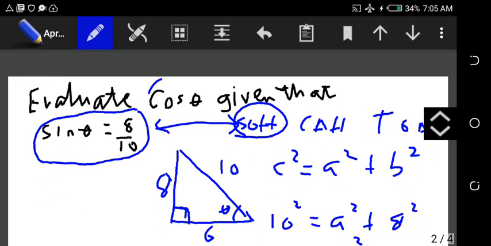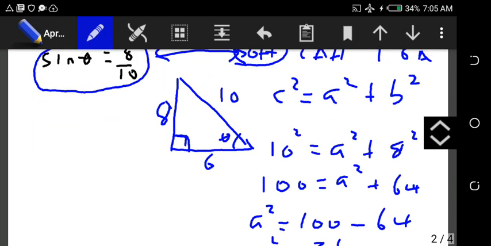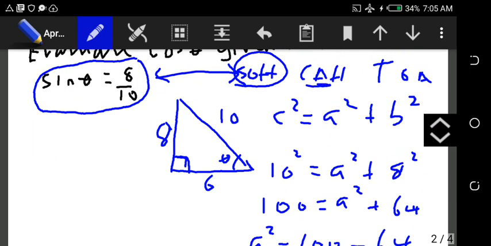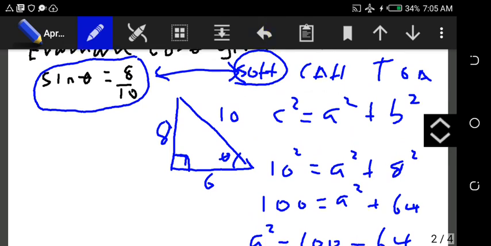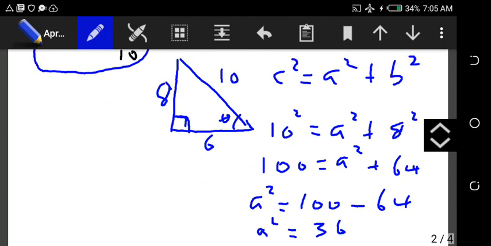We have to evaluate cos theta. From our SOHCAHTOA, cos evaluates to adjacent over hypotenuse.